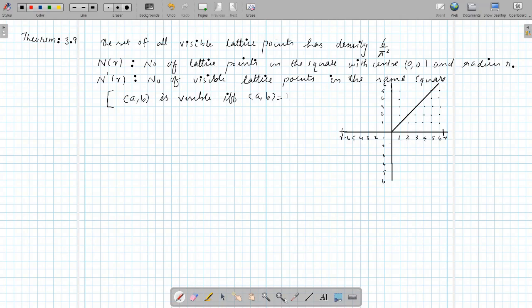Consider this square first. This is our required square.